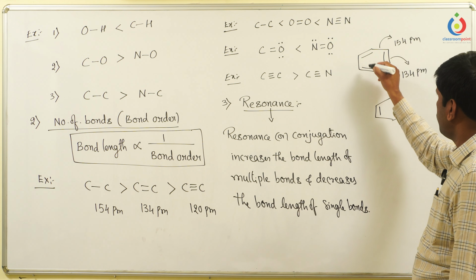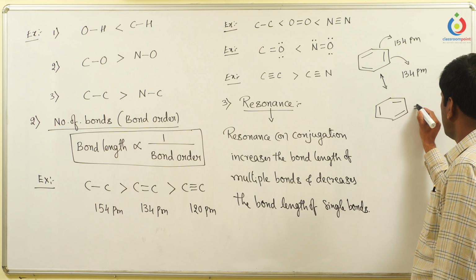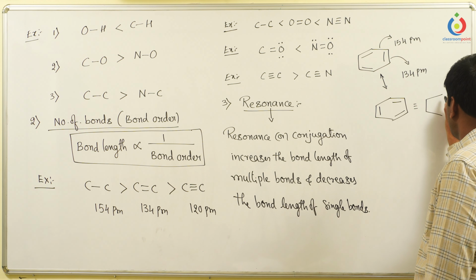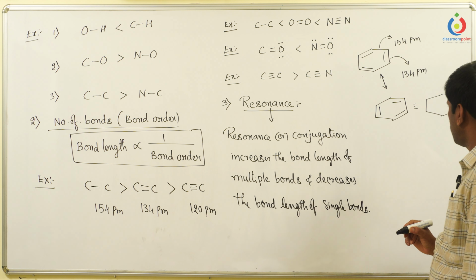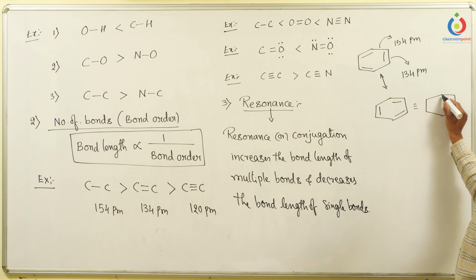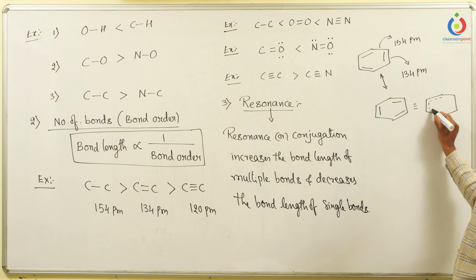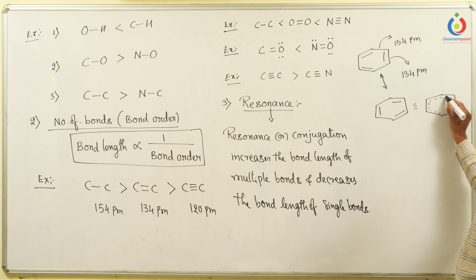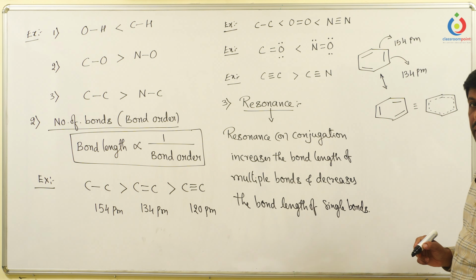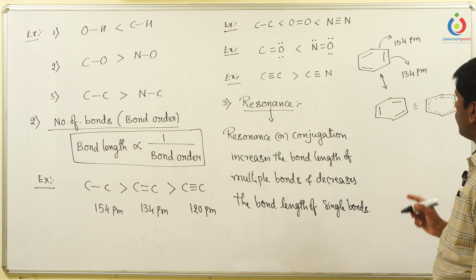As a result, these pi bonds are not fixed, which gives a common intermediate structure of both of these, which is called the resonance structure. That resonance structure gives partial double bond character to both of these carbon-carbon bonds.